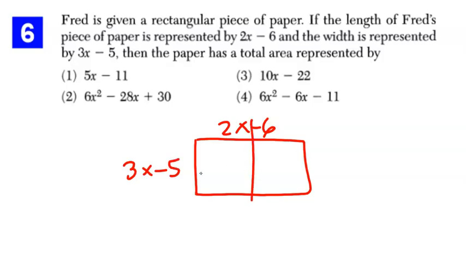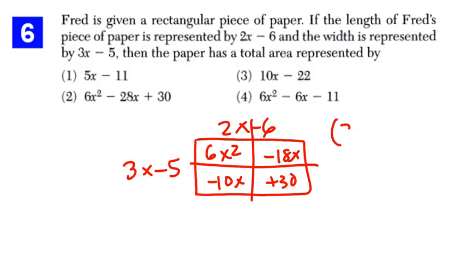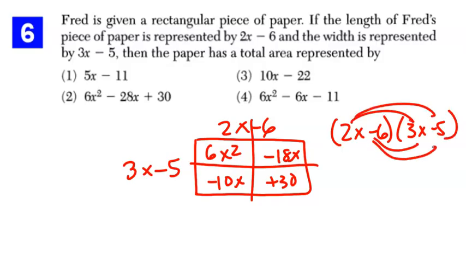So we could use an area model, and we could do that like this. 6x squared and negative 18x, and then we've got negative 10x and positive 30. Or you could set it up as a binomial times a binomial, and you could FOIL like this. Either way, we're going to get 6x squared minus 28x plus 30.